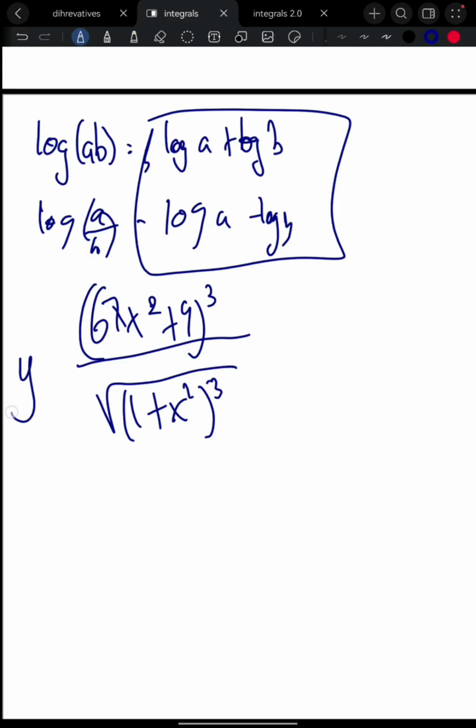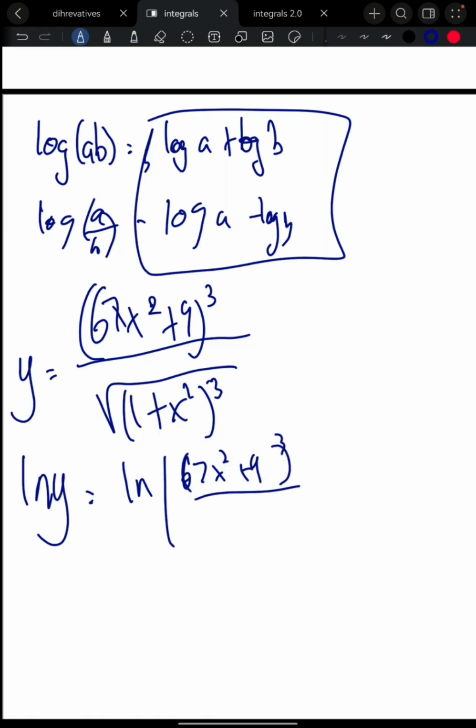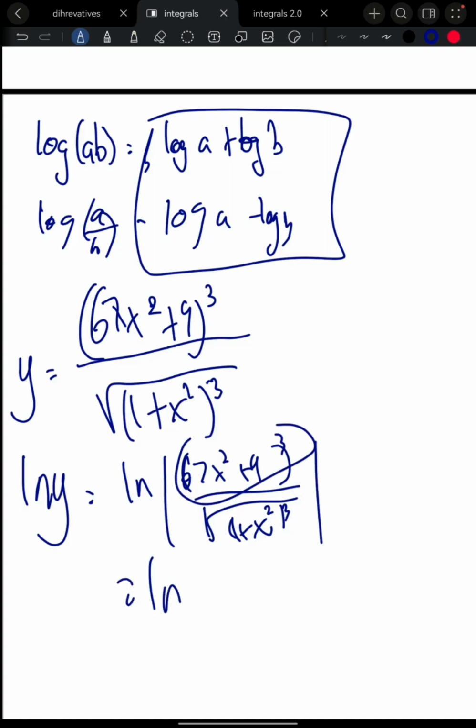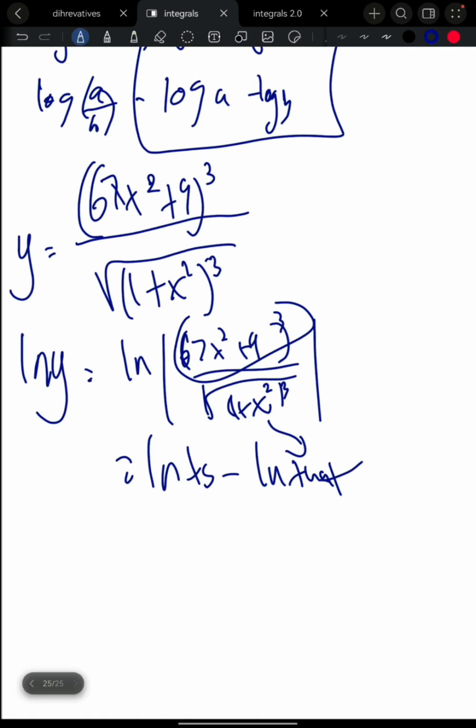So I'm gonna just say y is equal to this, and then ln y is gonna be ln of this. You can write it as this, right? And using ln properties, you can just split it up as ln of this minus ln of that, and then you can differentiate both sides. It becomes easier because you can use the power rule of ln's.